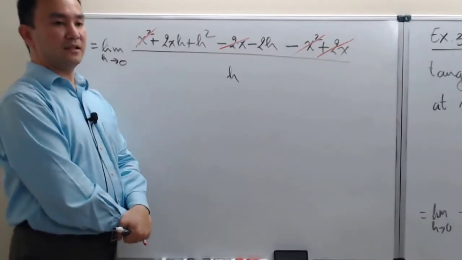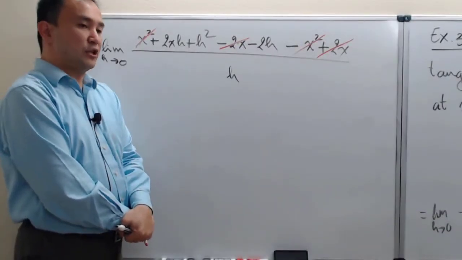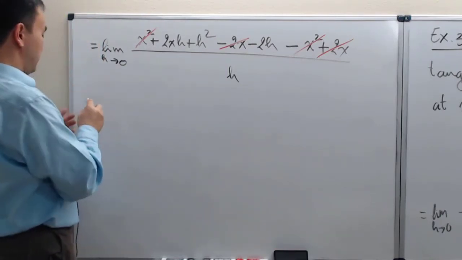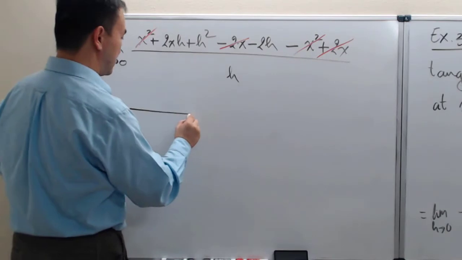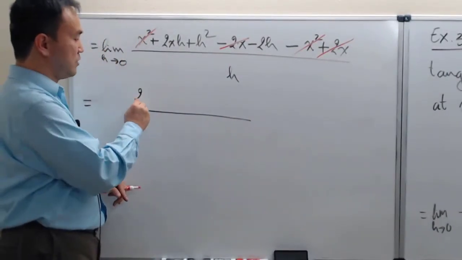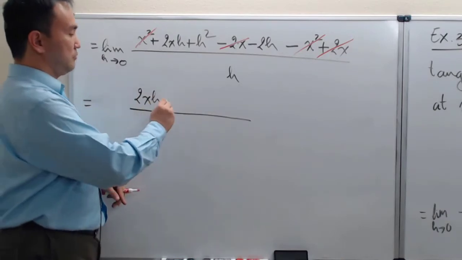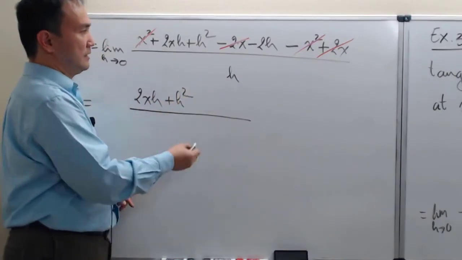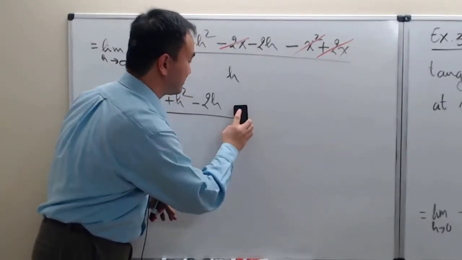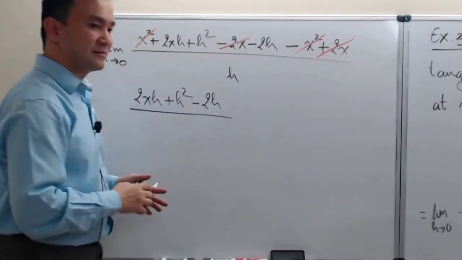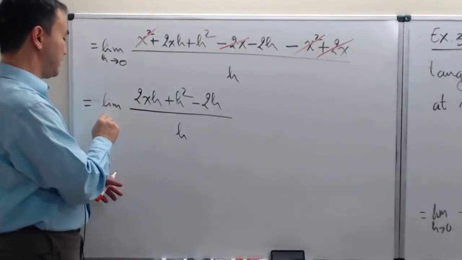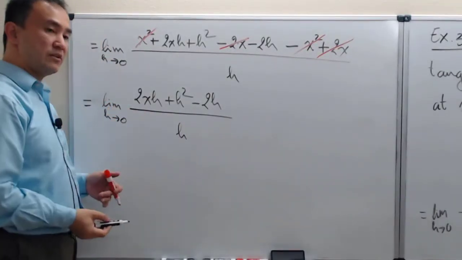Everything that remains no longer has opposite terms, and the expression has become a lot simpler now: 2xh plus h squared minus 2h, over h, and this is the limit as h goes to 0.